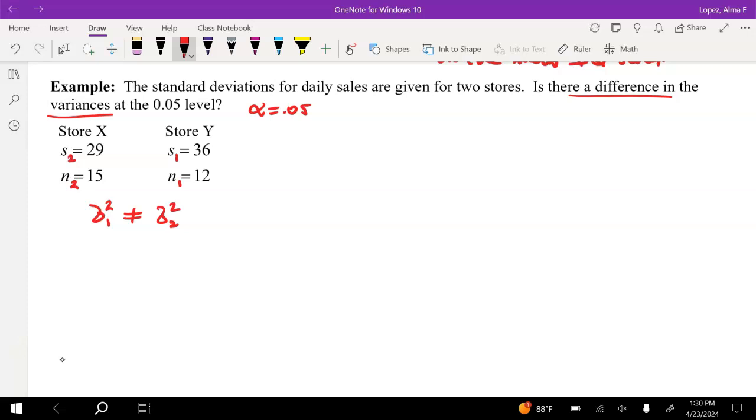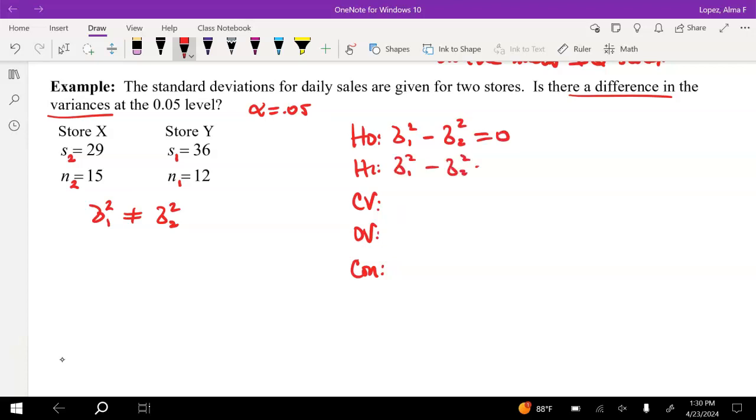Let's start. I need to build my null, my alternative, my critical value, my obtained value, and my conclusion. I know based on the claim that this is going to be sigma 1 squared minus sigma 2 squared is equal to 0. Sigma 1 squared minus sigma 2 squared is not equal to 0.